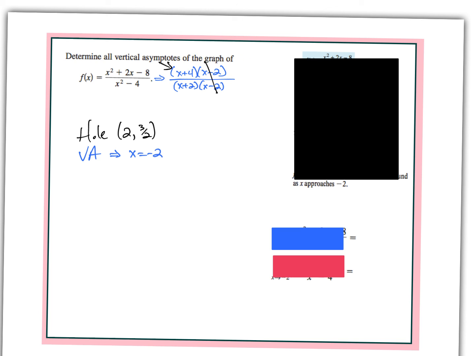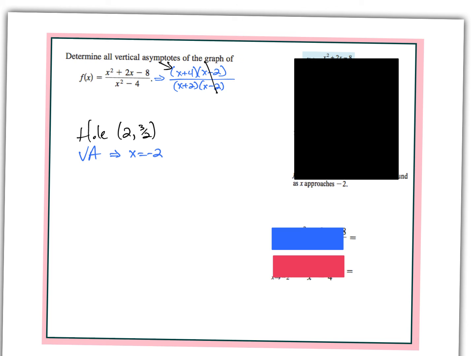Negative 2 and 2. Okay? What's going on at negative 2? Is it removable or non-removable? How about 2? What about negative 4? Is that a discontinuity? No. Okay, don't be tricked. Okay, cool.